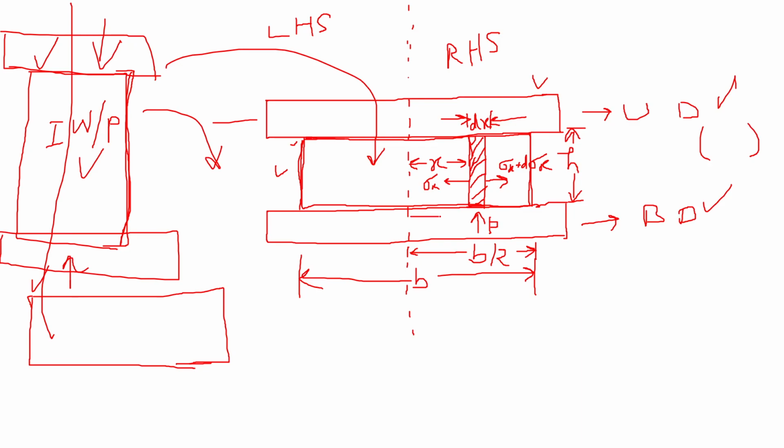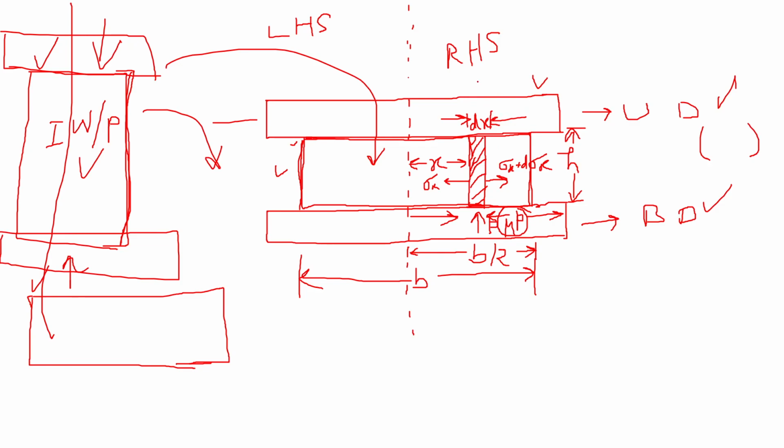Friction will work opposite to the direction of material flow, and the stress will be mu p, because we know friction is going to oppose the flow of material.